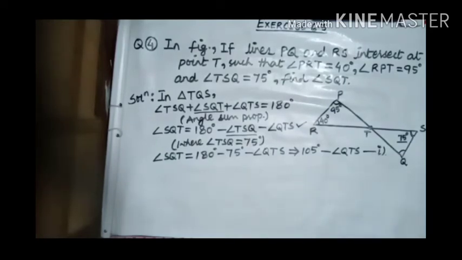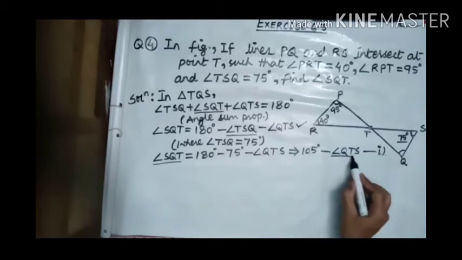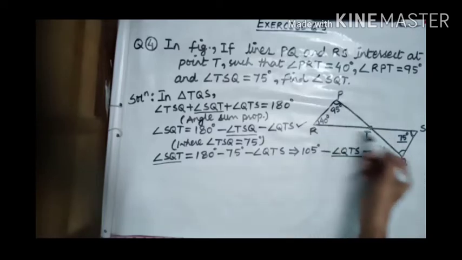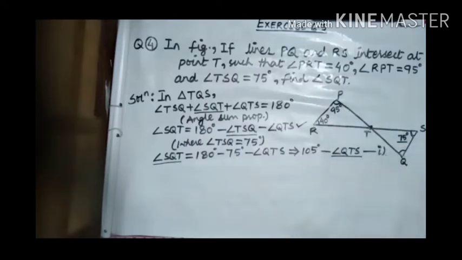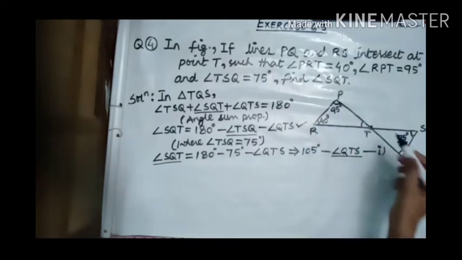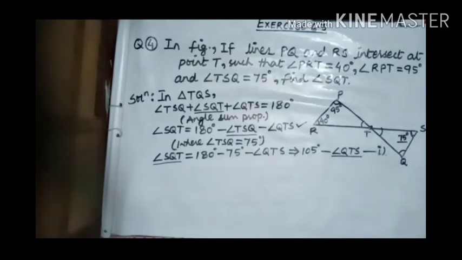In this equation first, you may easily observe that angle SQT could be determined if the value of angle QTS is known. So let's check how this angle QTS can be determined. As PQ and RS are intersecting each other at T, obviously angle PTR and angle QTS will be vertically opposite angles, hence they are equal.